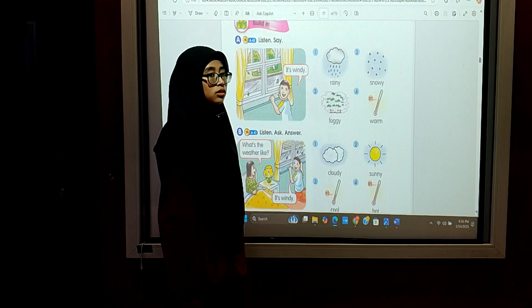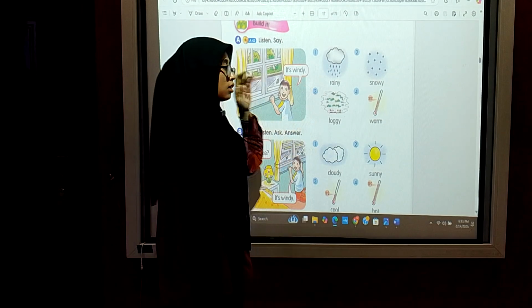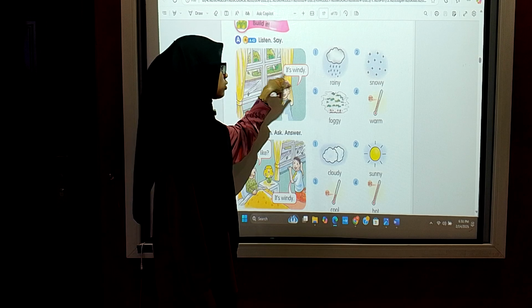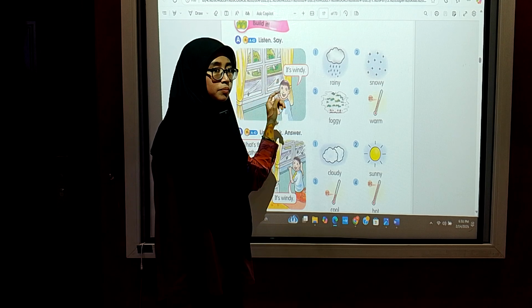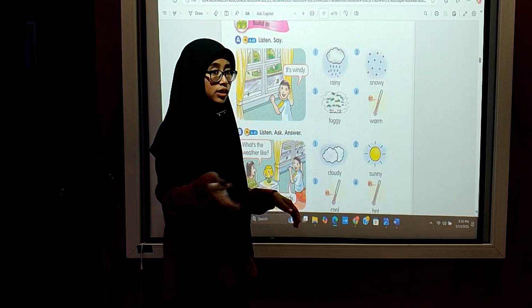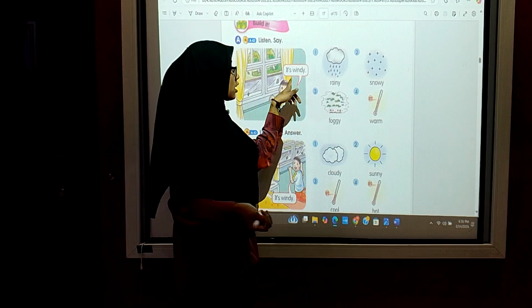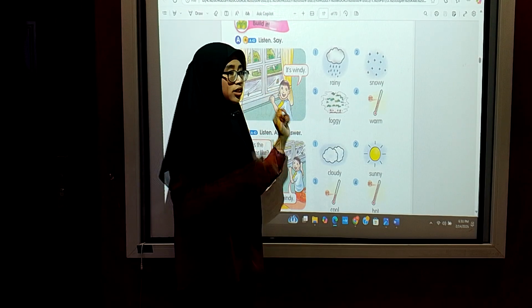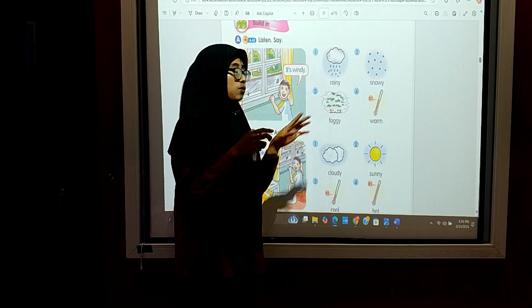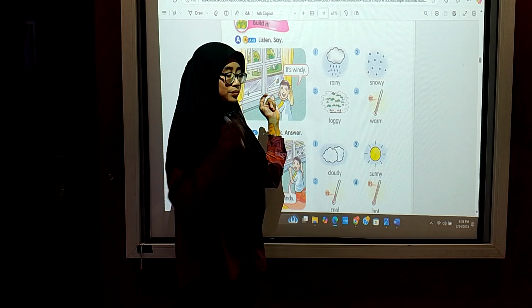They have to make a simple statement, following the example. I asked them to read this one first. It's windy. They will answer, and then I told them it actually seems like it is, but this one is the short form, so it becomes it's.